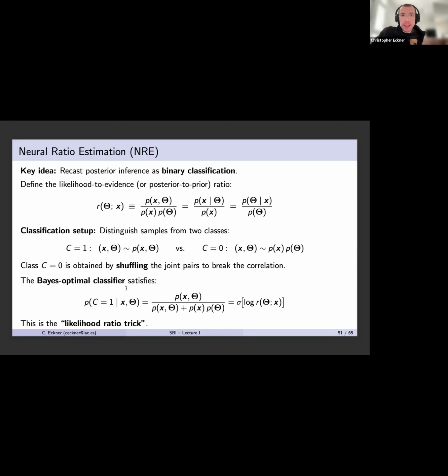The optimal classifier, or binary classification, is something neural networks can do very well.